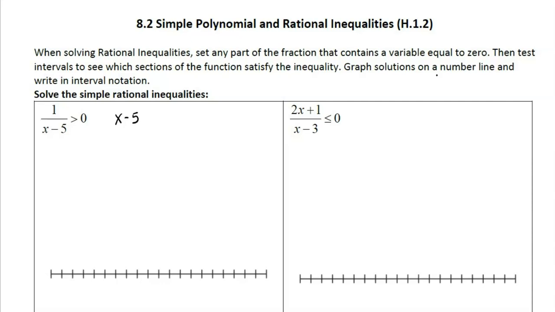So we would say x minus 5 is not equal to 0. Then we solve this just like an equation, and we add 5 to both sides. Therefore, x cannot be equal to 5.